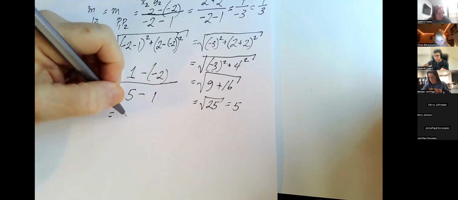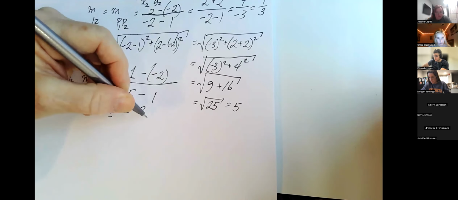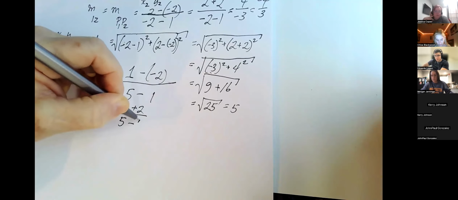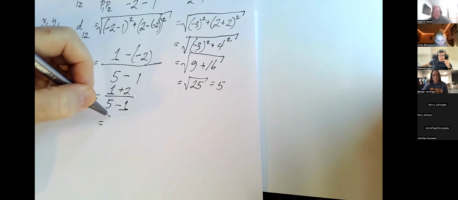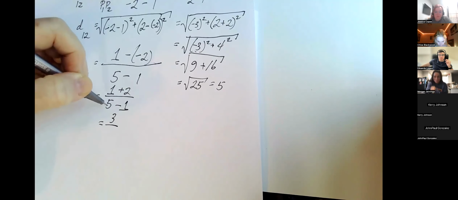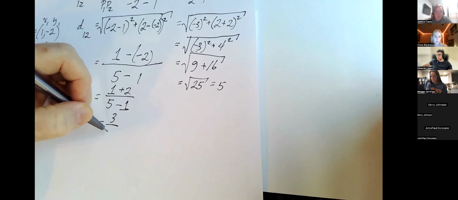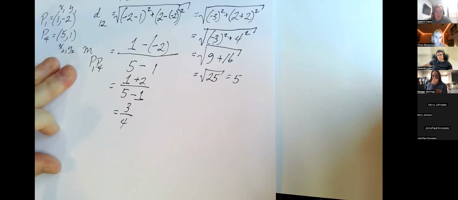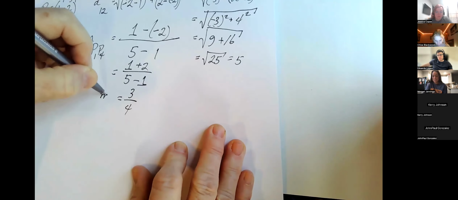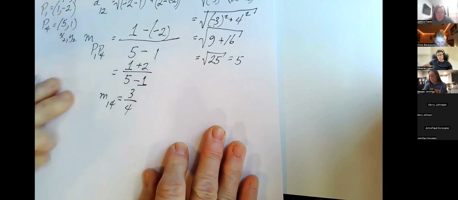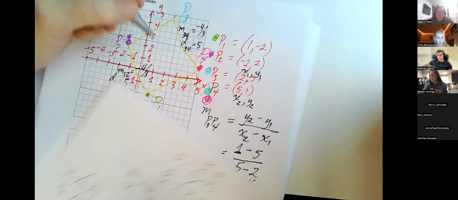Add. Good. In the numerator, we have 1 plus 2, which is 3. In the denominator, we have 5 minus 1, which is 4. Awesome. So the slope between P1 and P4 is positive 3 over 4, and let's record that.